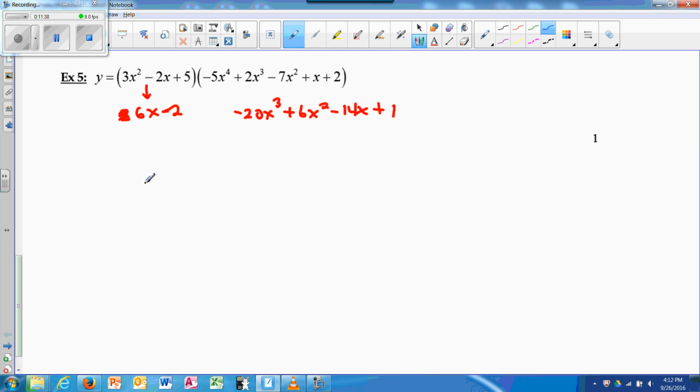So my derivative will be the first term times the derivative of the second term.